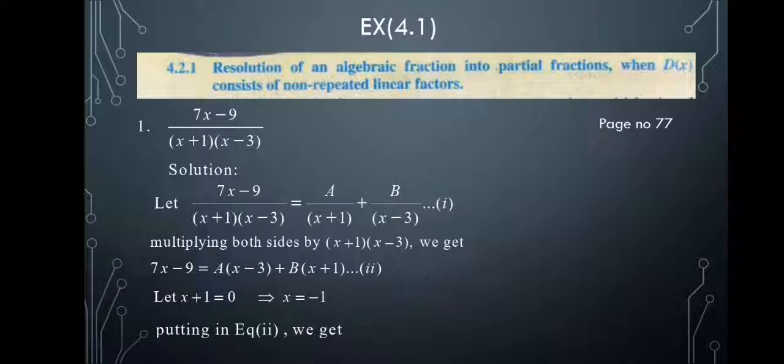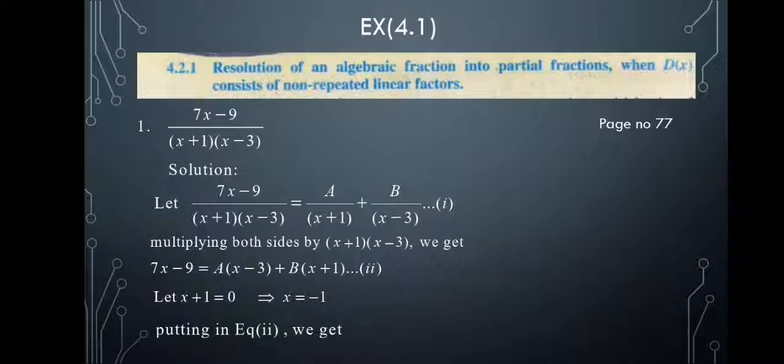It is not being repeated. Since it's x plus 1 whole power 1, which shows that x plus 1 is only for 1, it is a non-repeated linear factor. Similar is for x minus 3. It is just for 1. We have not been given x minus 3 whole square or x minus 3 whole cube, which means that it is a non-repeated linear factor.